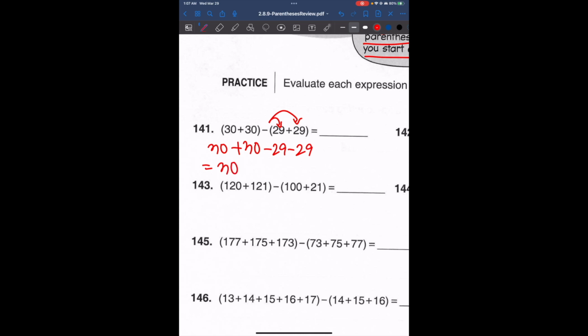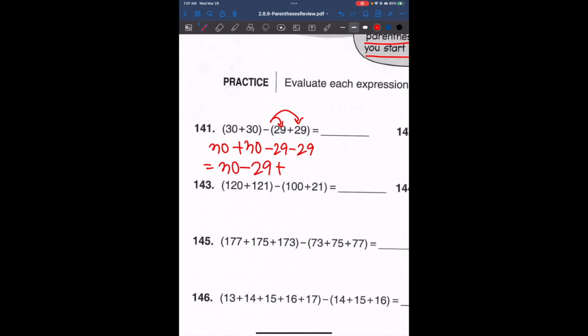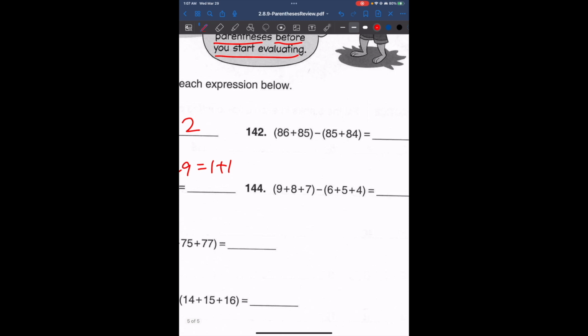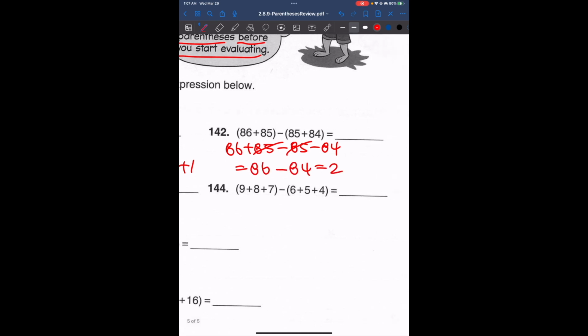We can rewrite that as 30 minus 29 plus 30 minus 29, which is 1 plus 1, and that is equal to 2. Now this also is 86 plus 85 minus 85 minus 84. Cancel these two out. 86 minus 84 is equal to 2.